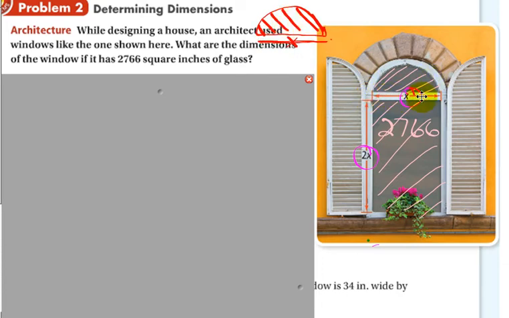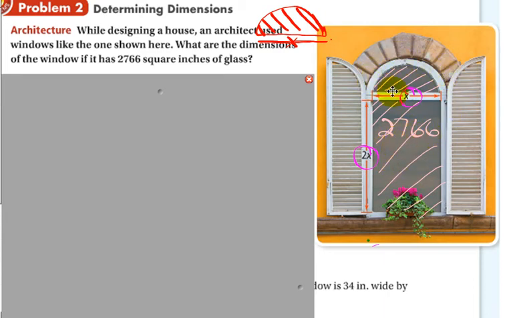Now, they gave us a couple of measurements. Across the top of this window, its width is x, and the length or the height of the square window is 2x. So we know that 2x times x is the area of the bottom rectangle, the bottom window here. So 2x squared.